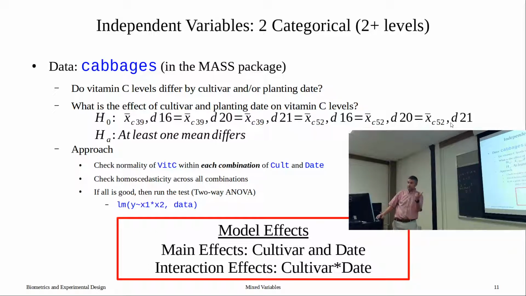So you had 2 cultivars, you had 3 dates, you got a total of 6 different individual groups. So our interaction effect is basically testing: are the means of these 6 groups equal, or are they not equal?